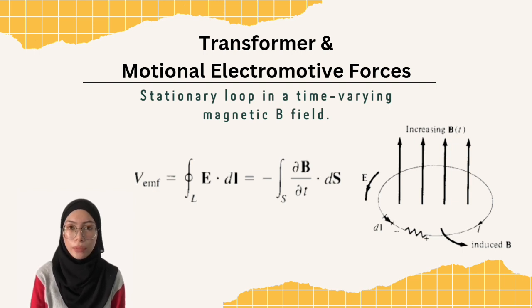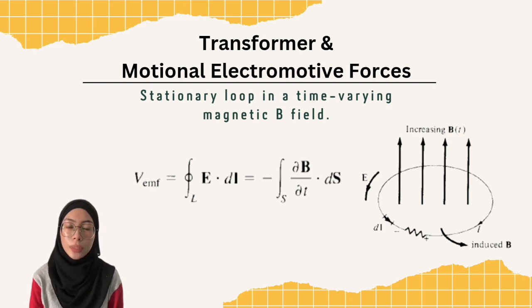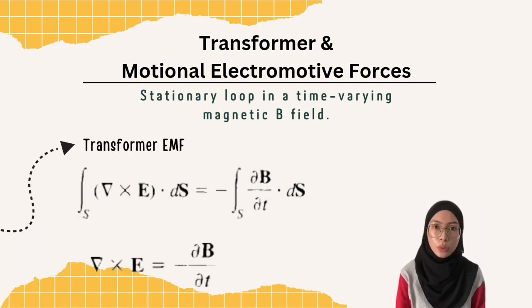This EMF induced by time-varying current in a stationary loop is often referred to as transformer EMF in power analysis, since it is due to the transformer action. By applying Stokes' theorem to the middle term, we get this equation, which is curl of E is equal to negative dB over dt. This shows that the time-varying E field is not conservative.